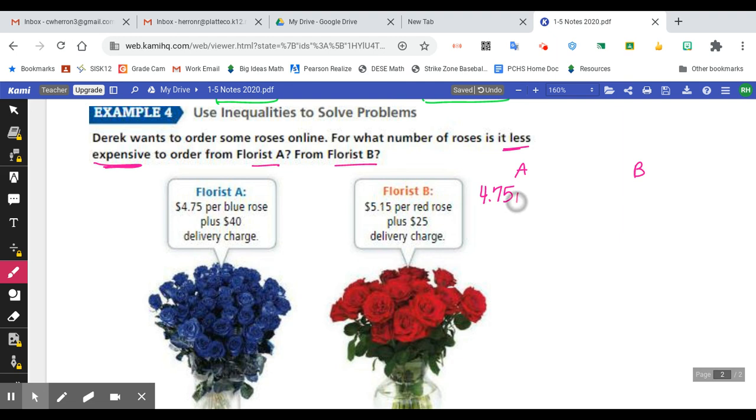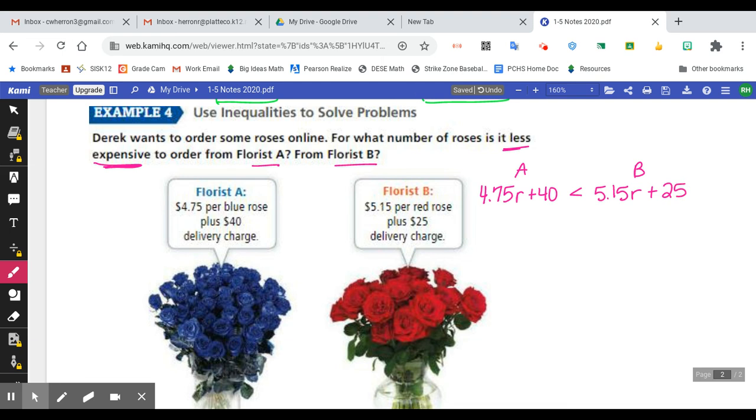So per rose, plus a $40 delivery charge. Okay, and we want to know when it's going to be less expensive, so less than B, which is $5.15 per rose plus a $25 fee.